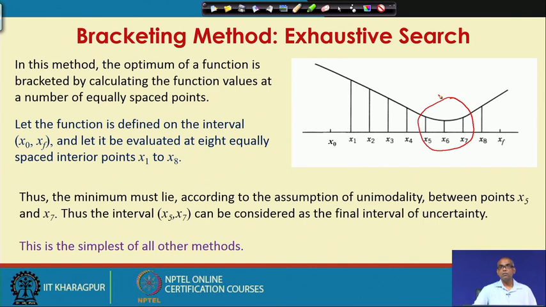The assumption of unimodality guarantees that the minimum lies between points x5 and x7. Thus, the interval x5 to x7 can be considered as the final interval of uncertainty. This is the simplest of all other methods.